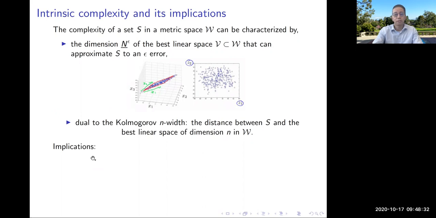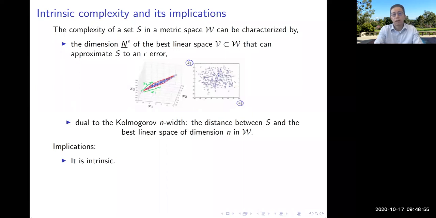There are quite a few implications. First of all, this characterization is intrinsic in two senses. If you're talking about a sparse representation, an orthonormal transformation like a rotation will destroy the sparsity.